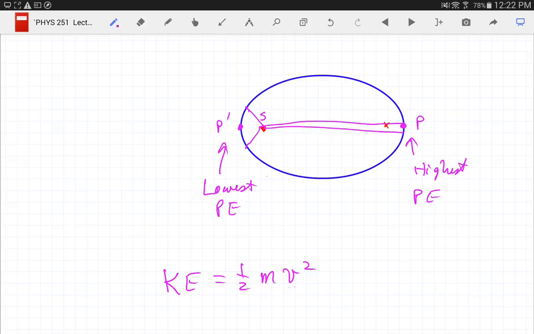It's another way of saying what you get with conservation of energy, that it goes fastest when it's closest and slowest when it's farther away. Both give you the same mathematical relationship for the speeds.